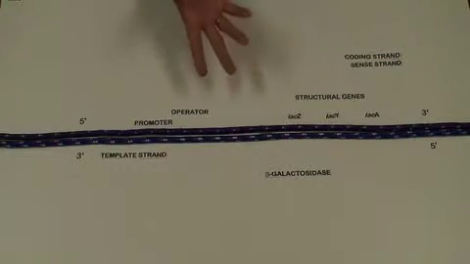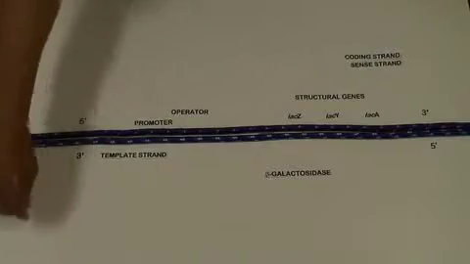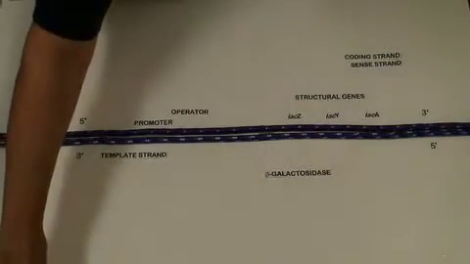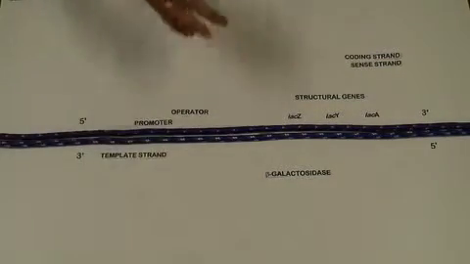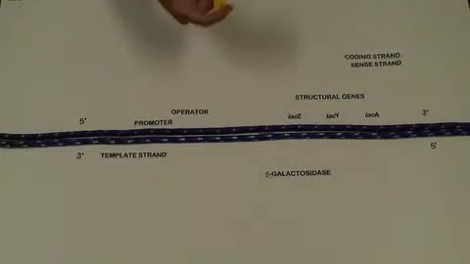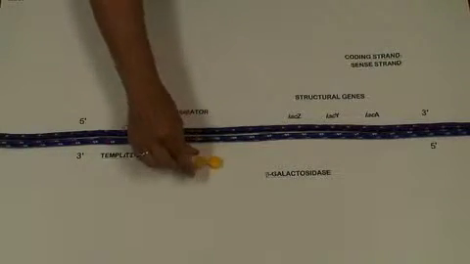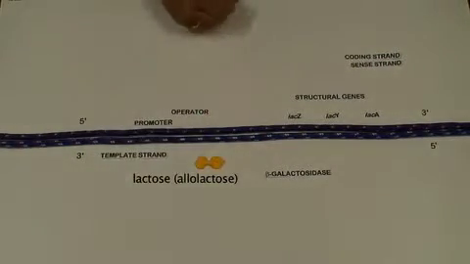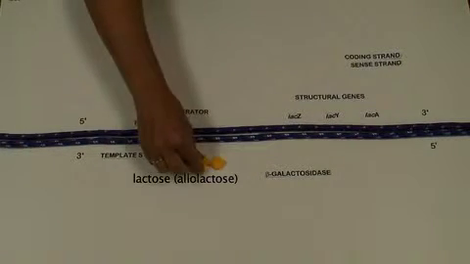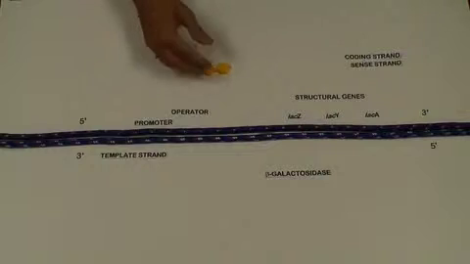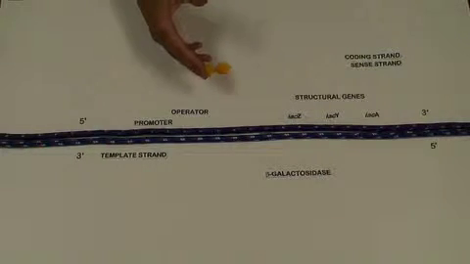What does it do? The lac operon is a very important operon when the sugar lactose is around. This is the sugar lactose, kind of, sort of. Lactose is the milk sugar. It's a disaccharide. And when lactose is around, lactose can be used as an energy source by the cell.